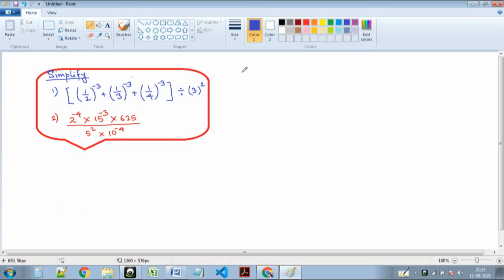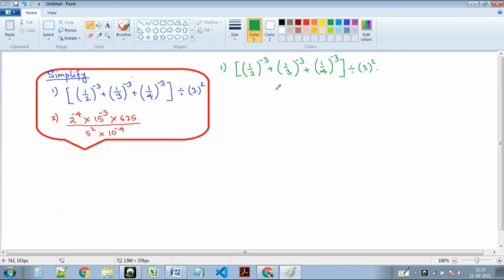I'm just writing the question once again here, and the question is: square bracket 1 by 2 whole to the power minus 3 plus 1 by 3 whole to the power minus 3 plus 1 by 4 whole to the power minus 3, square bracket closed, then division sign, and then 3 square. So this is our question.